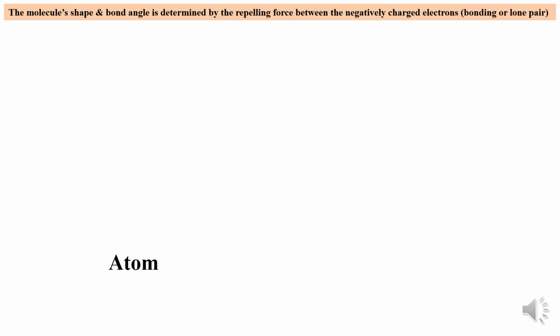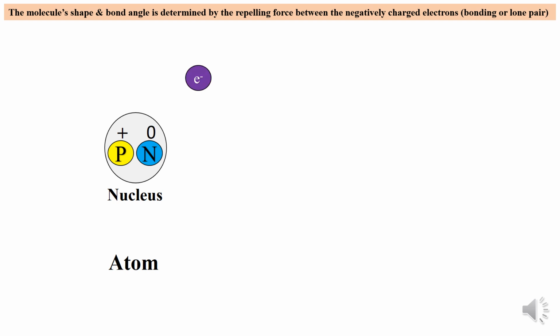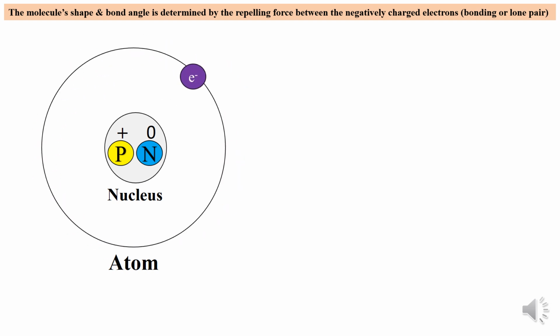Now the negatively charged electrons are present in the atom. Atom is the smallest unit of an element. It has a central nucleus. It contains positively charged protons and electrically neutral neutrons, with the negatively charged electrons orbiting around the nucleus in their respective shells or energy levels.